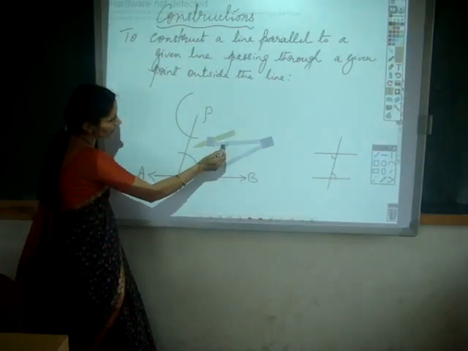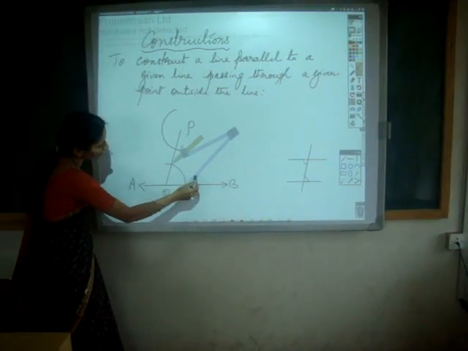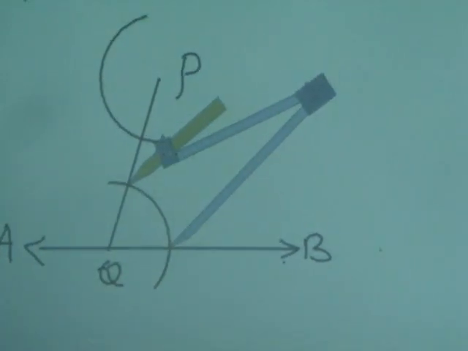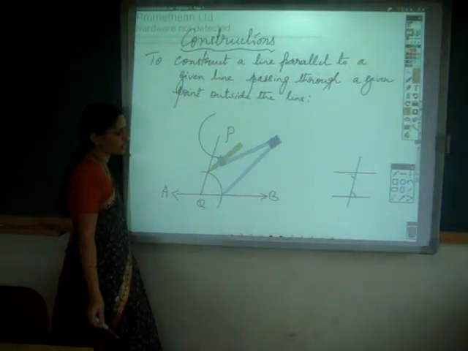Let me widen the compass to the angle required, like this. Let me set my compass, in other words, to the angle first created by me, and I am going to duplicate the angle at the point P also.